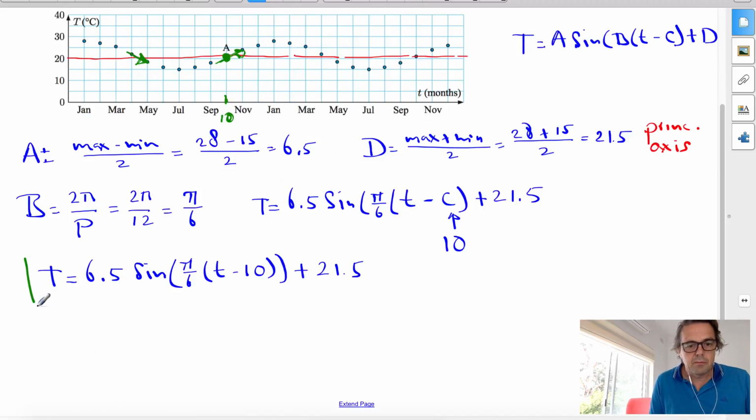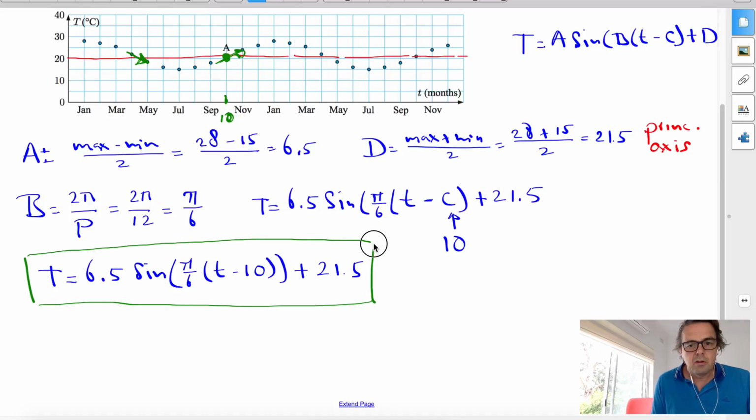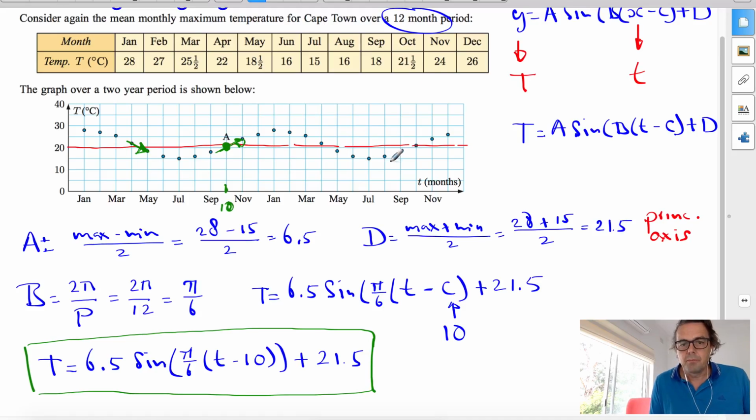So here it is. This is the function that models the data that we have here. Yeah. So I can superimpose this function. I could draw it on top of that data there. It won't be an exact fit, but it will do the job quite nicely.